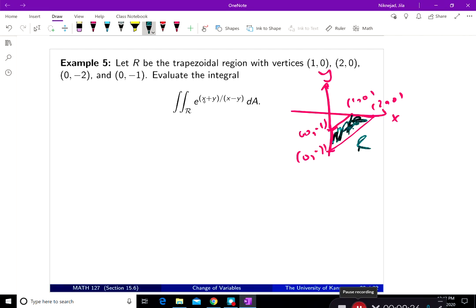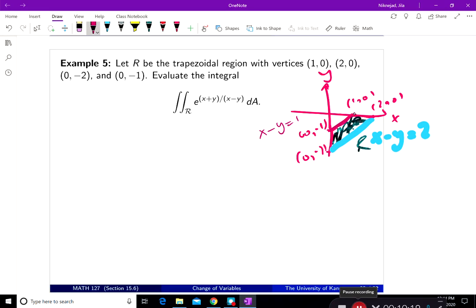When you set up these equations, you realize a little bit more information in there. So things that I notice is, one, I realize that this line is basically x minus y equal to 2. And this line is x minus y equal to 1.